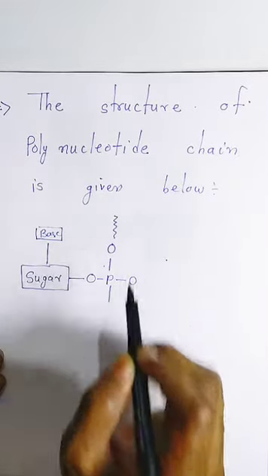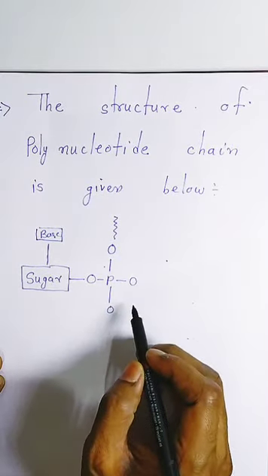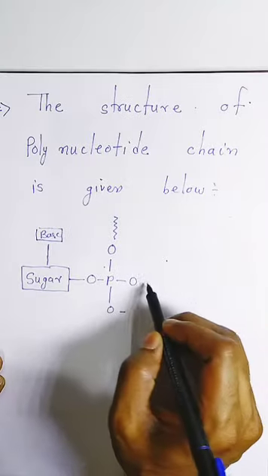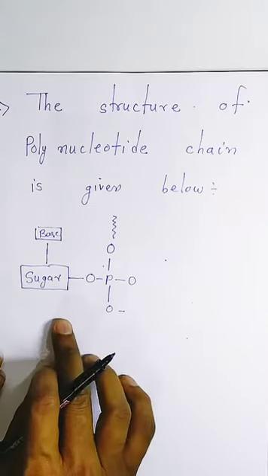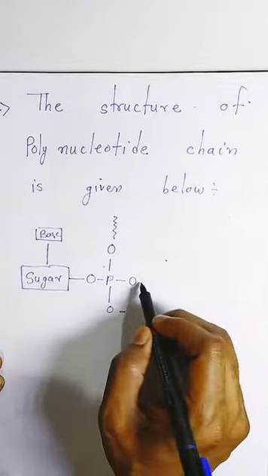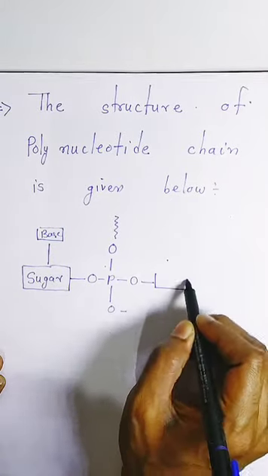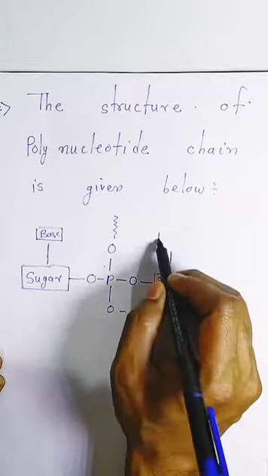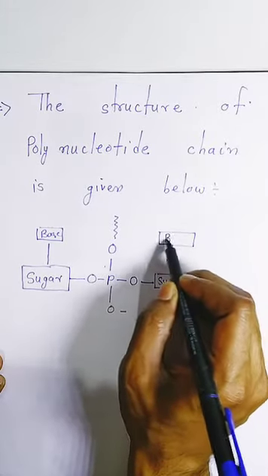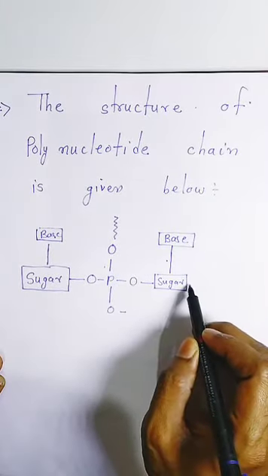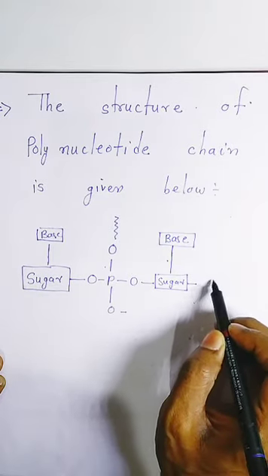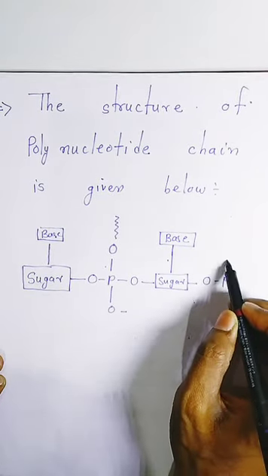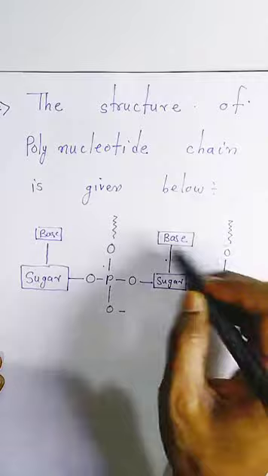This I have shown like this. This is the negative charge. Again, this is one mononucleotide. Students, this mononucleotide will again attach to the sugar molecules like this. Again, it is attached to the sugar, and this sugar is attached to the base. Again, this sugar is also attached to the phosphoric acid, and it is attached to the second mononucleotide.